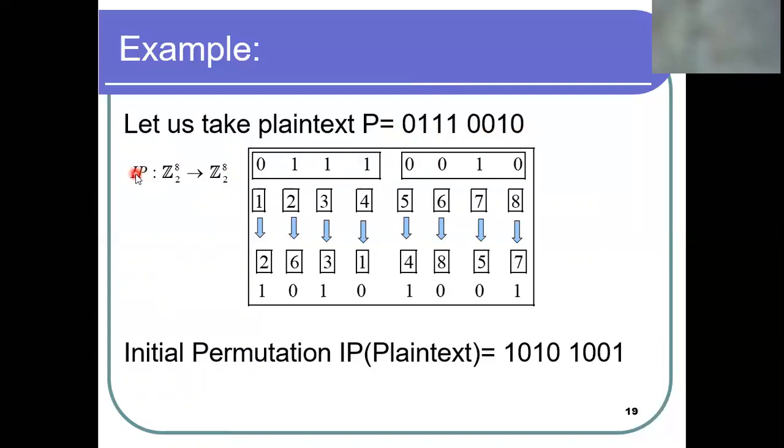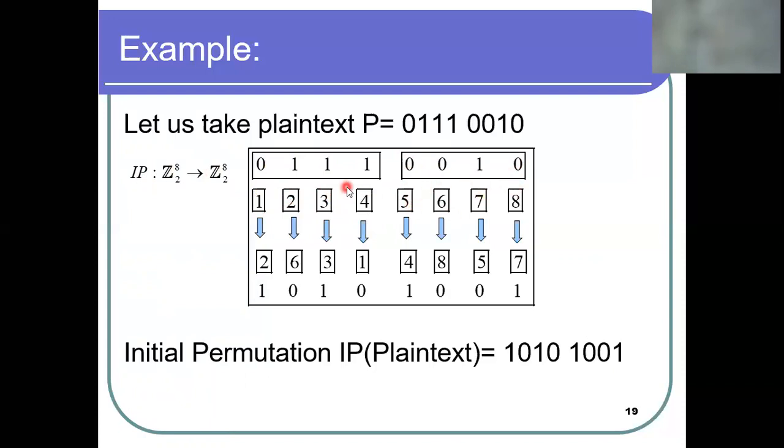So I have to apply the initial permutation that maps bits on bits. So 0 1 1 1. I place my binaries in this first half chunk and this second half chunk, and I make them the first position, second, third, fourth, fifth, sixth, seventh, and eighth position.